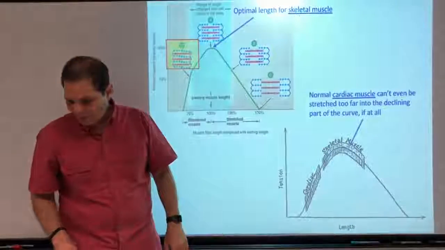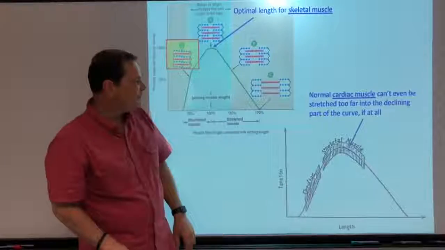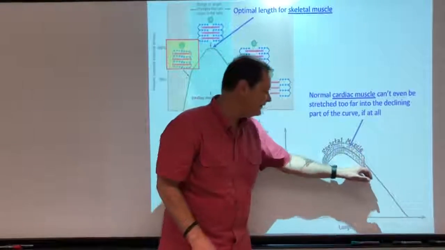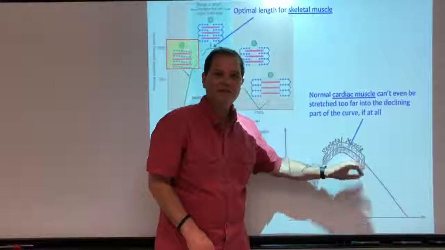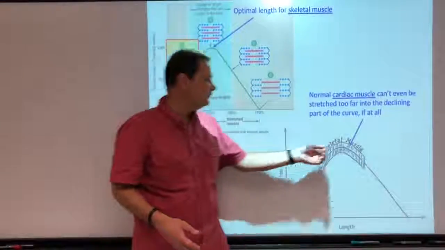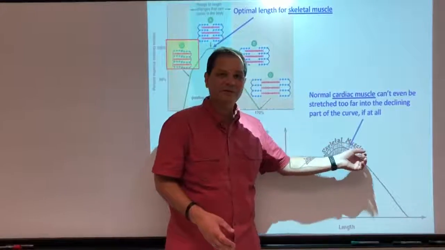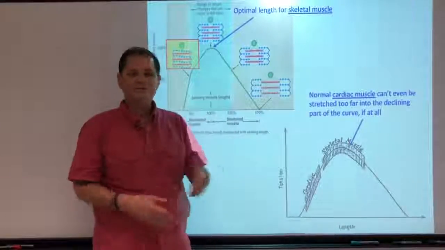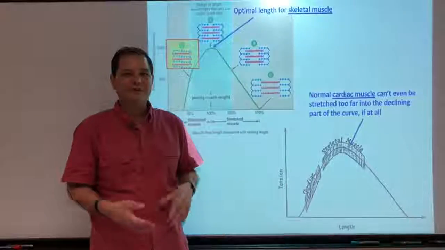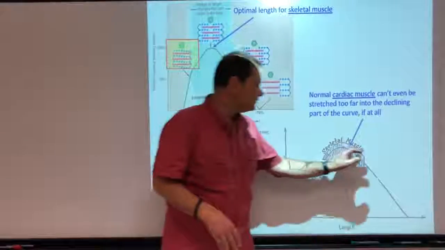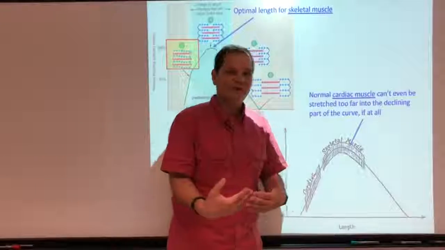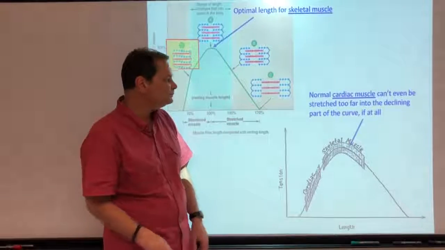The reason is because cardiac muscle can't even be stretched into the descending part of this curve. If you try to stretch cardiac muscle too far into the descending part of this curve, it actually breaks. The fibrous tissue in the cardiac muscle, the series elements, don't allow you to stretch the muscle that far. And so in order to do it, you have to actually break those elements, and you have to damage the tissue.